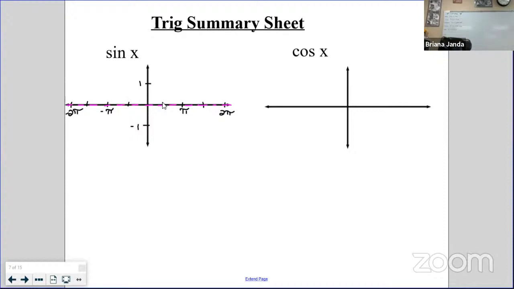My sine curve would have started at 0, 0 without any transformations. We go over 1 tick mark, up 1, back to my midline, down 1, back to my midline, fill in to the left, and I get this beautiful parent graph to refer to when doing my transformations.